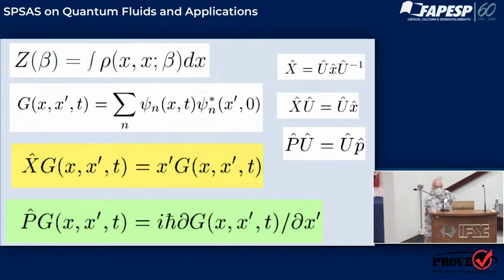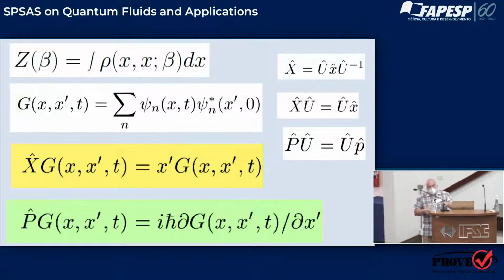What is it? Suppose we know the operator X capital for x small, this one, U x U minus 1, and the same thing for the operator p. Then we can rewrite this definition in this form, that the operator X capital applied to U from the left is the same thing as U multiplied by x small at the right.